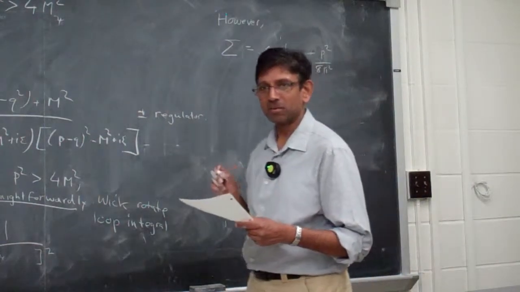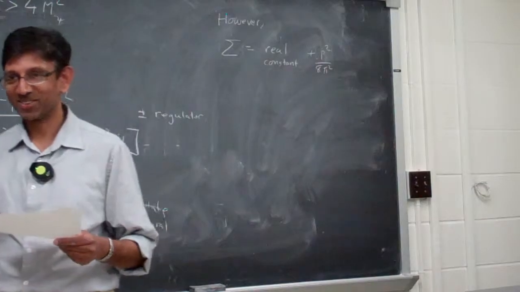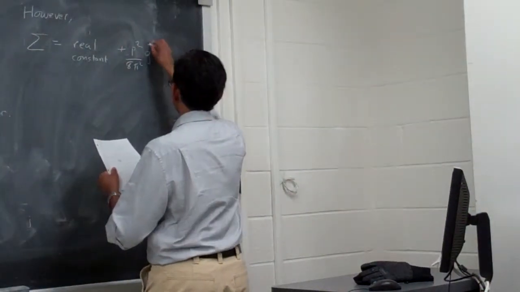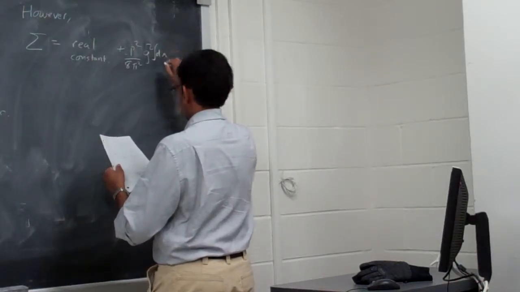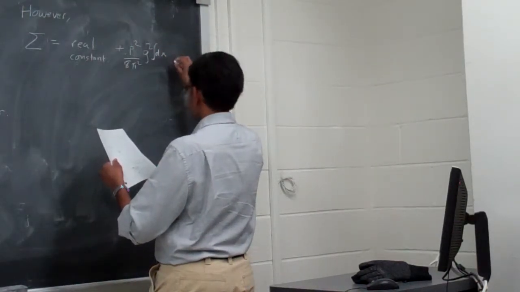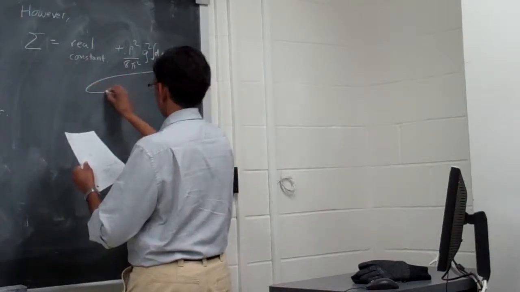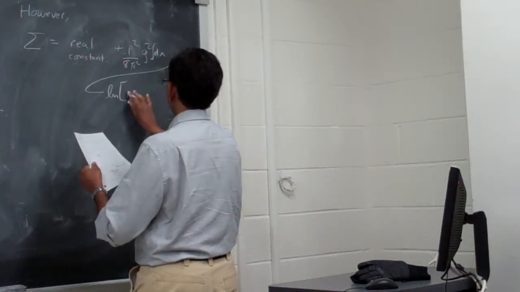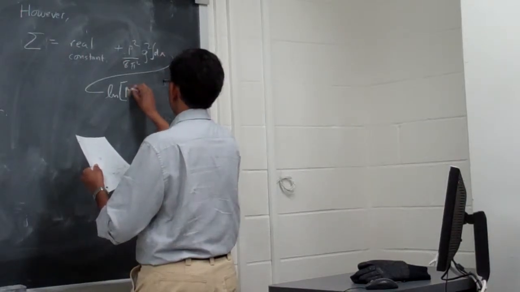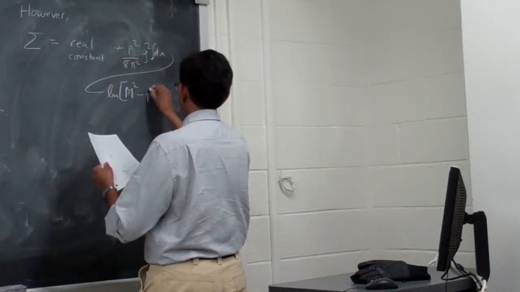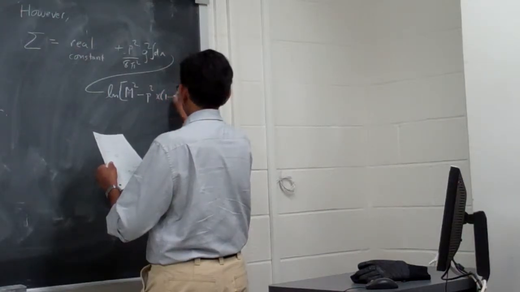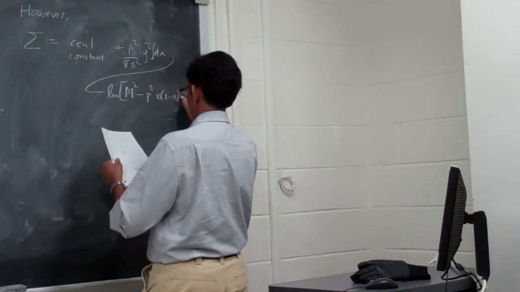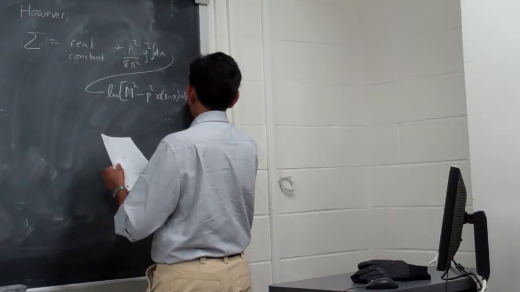I'm throwing away that 8m squared that I keep getting wrong. G squared integral dx, and then log of m squared minus p squared x times 1 minus x, minus I epsilon.